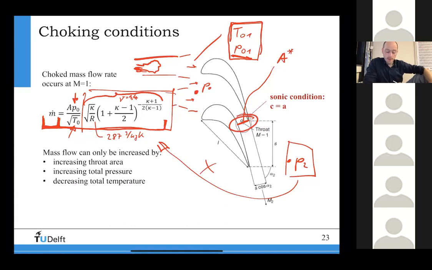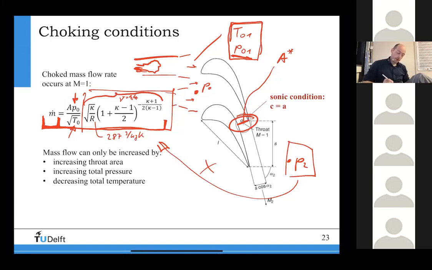Okay, and that's why the first stage of the turbine, and we discussed also steam turbines, the Curtis wheel, for example, is choked, or any gas turbine, for example, the first stage after the combustion chamber, most of the time is choked to control the mass flow, which means that independent of the exit pressure of the turbine, the mass flow will stay constant.